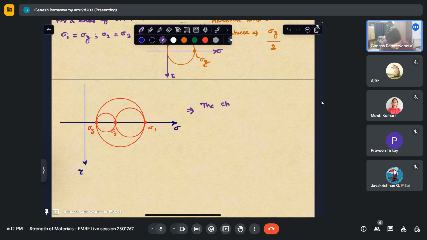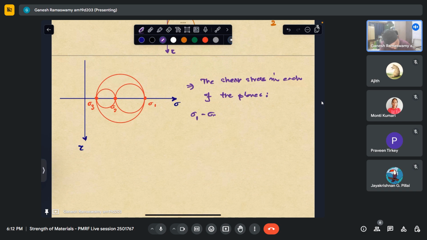The shear stresses in each of the planes can be written as: one will be sigma 1 minus sigma 2 by 2. Then we have sigma 2 minus sigma 3 by 2. And then we have sigma 3 minus sigma 1 by 2. The absolute value of these is actually the radii of each of the three Mohr circles that we have.